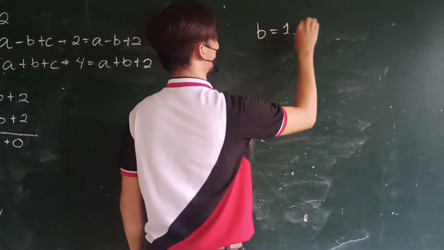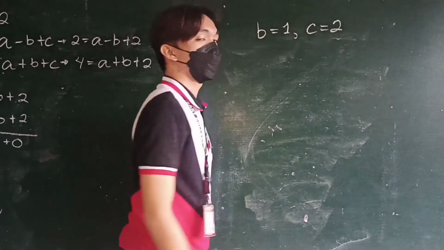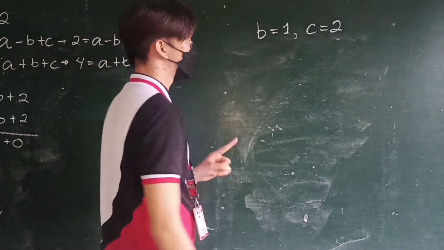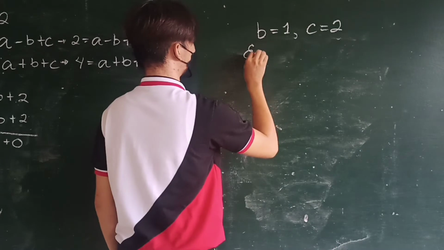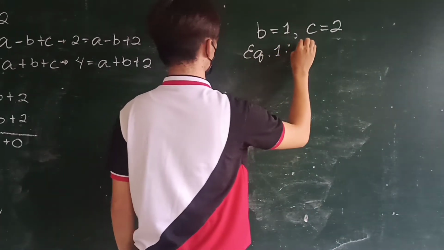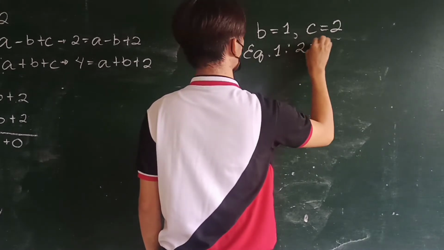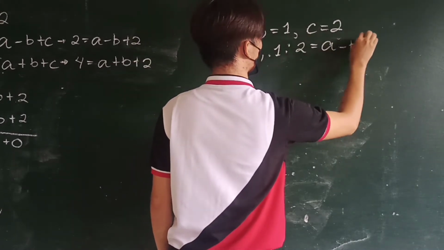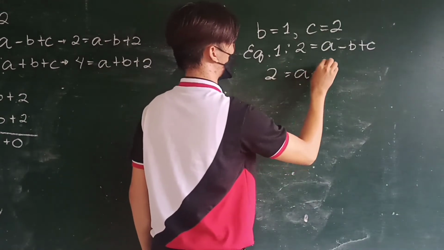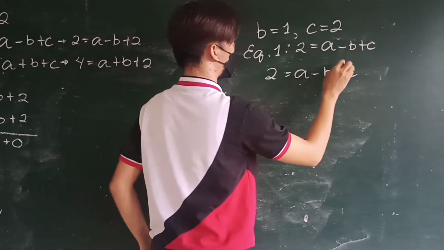So we have b, which is equal to 1, and c is equal to 2. So let's choose between equation 1 and equation 3. Let's use equation 1. So equation 1 is 2 equals a minus b plus c. Now it's time to substitute the value of b and c.